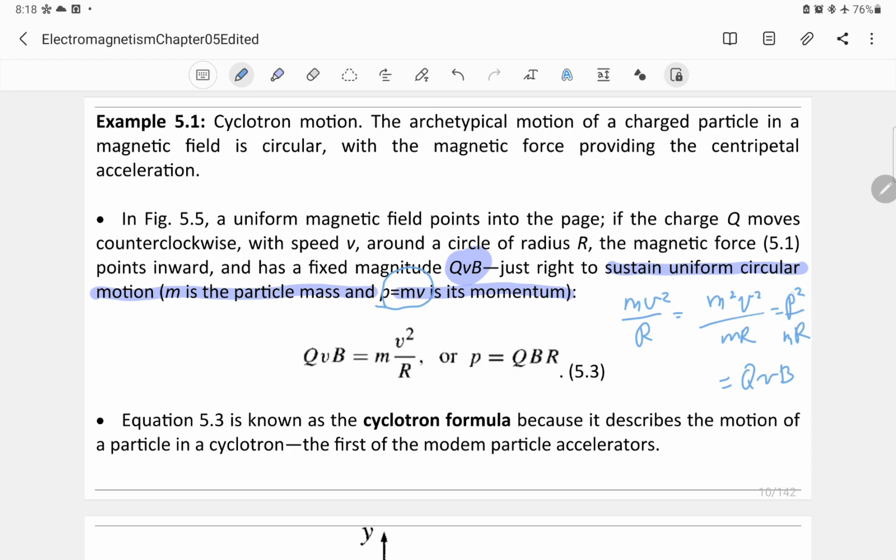Oh, I'm sorry, I did not use this p square. I just have to cancel v. Anyway, you can cancel v here so that you will just use p, because here you have mv. So therefore your momentum of the charge would be this, q times b times r.